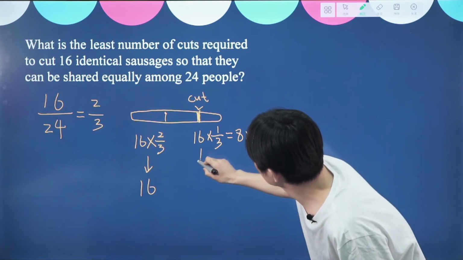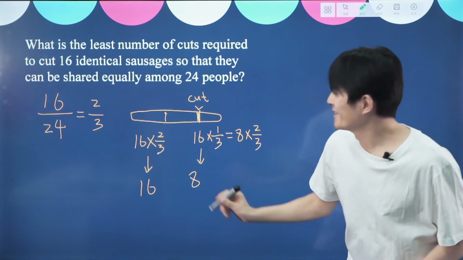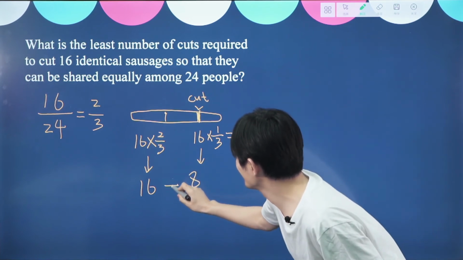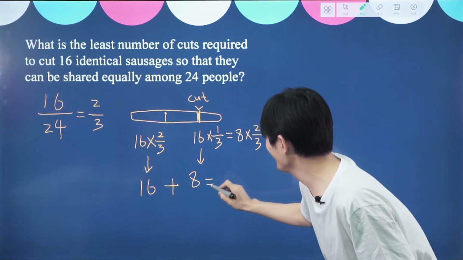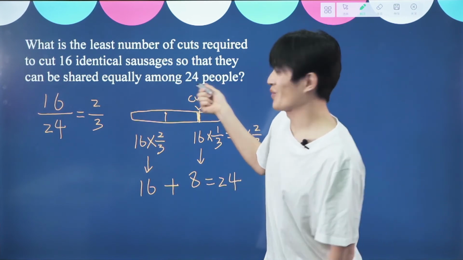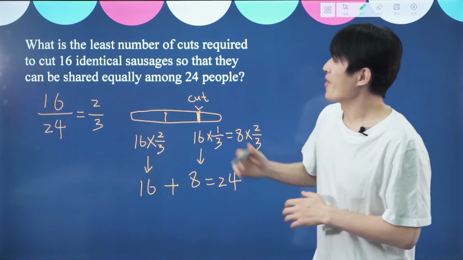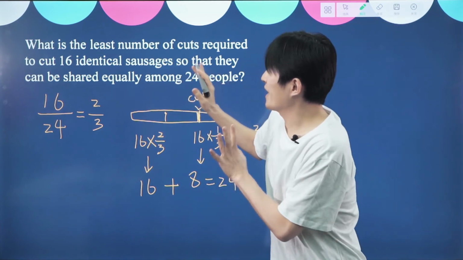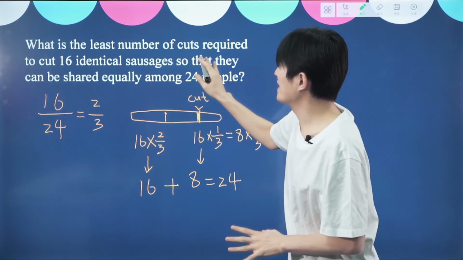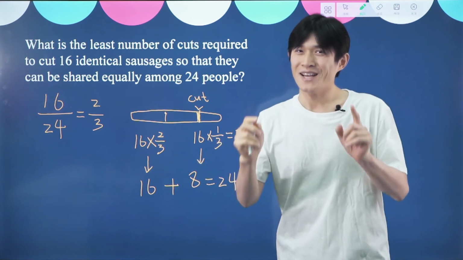Here we go. And we notice that 16 plus 8 is 24. So 24 people. That means we are correct. So the least number of cuts will be 16. All right.